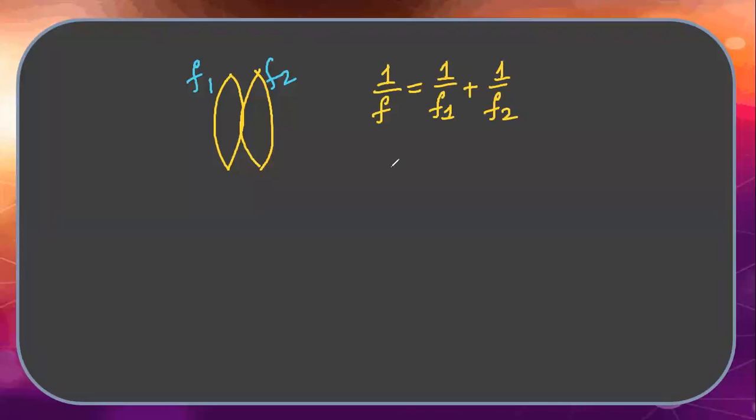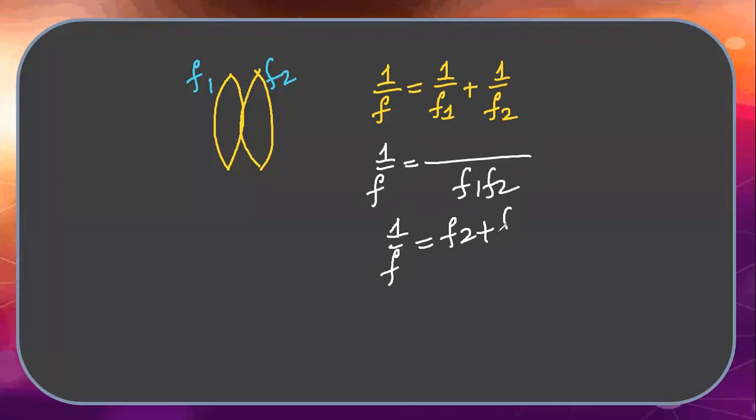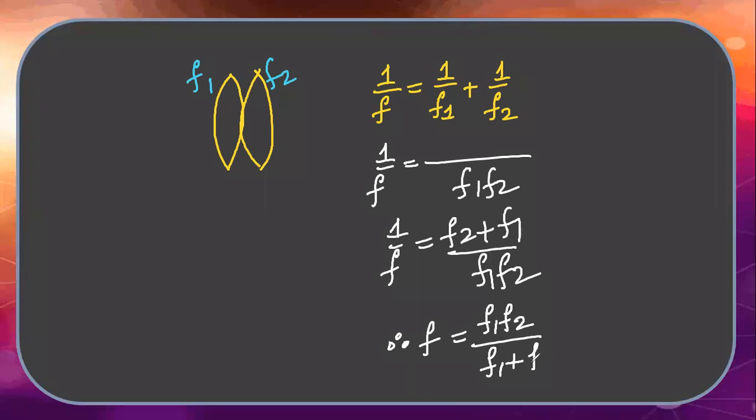If I take the LCM of f1 and f2, 1 by f is equal to f2 plus f1 divided by f1 f2. Therefore, f is equal to f1 f2 divided by f1 plus f2. This is the effective focal length.